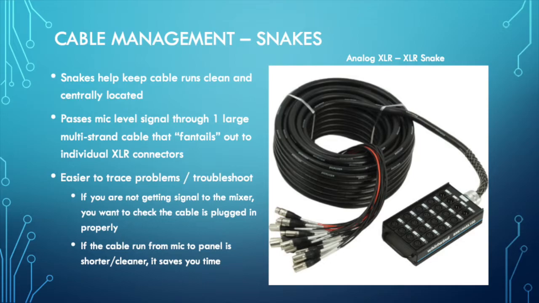And then coming out of that box is just one single cable. It's a beefy cable because it's got a lot of connections, a lot of conductors going through, basically one big wire with a whole bunch of wires inside of it.